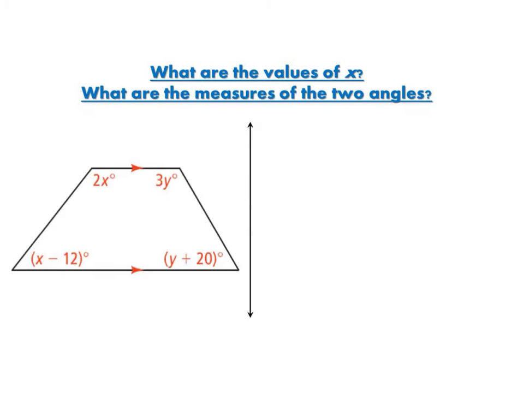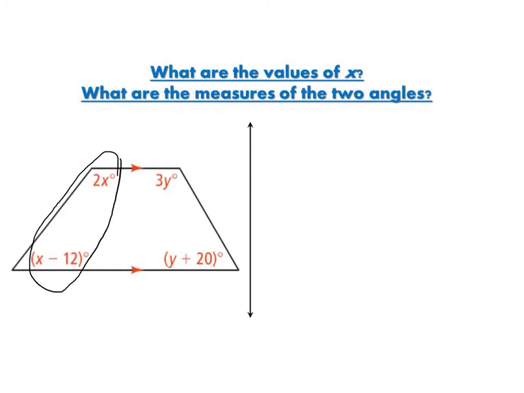Here's another question. What are the values of x and what are the measures of the two angles? Here we have a trapezoid with 4 angle measurements, and they want me to find the value of x. So how do I figure that out? Well, first of all, I notice that the angles right there have x, and the other two angles are y.